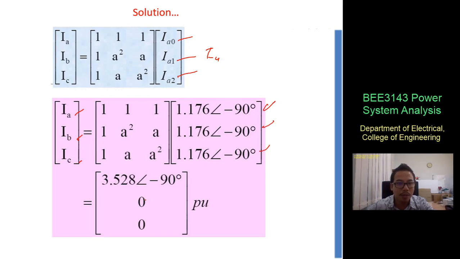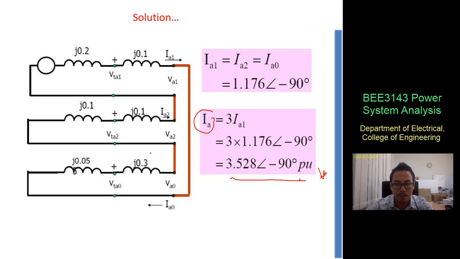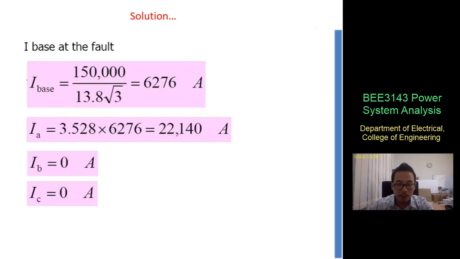But as we already mentioned before, IB and IC are already zero, so the same value like before. It's the same thing with this. Alright, so finally, we got all the values for the current at point F.